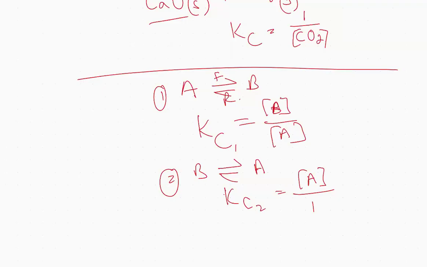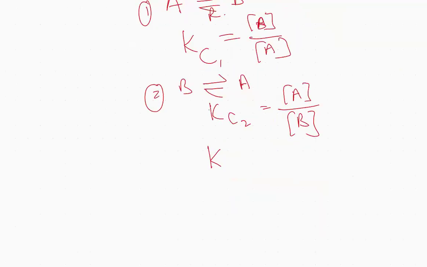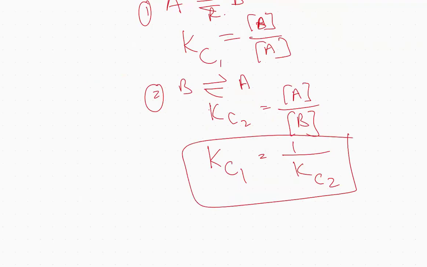So Kc1 is B over A, Kc2 is A over B. You can see a direct relationship where Kc1 equals 1 over Kc2. So if somebody gives you the equilibrium constant of A to B and asks what would be the equilibrium constant of B to A, it will be just 1 over that. That's something I want you to remember.